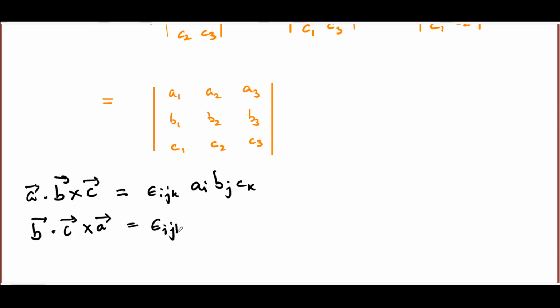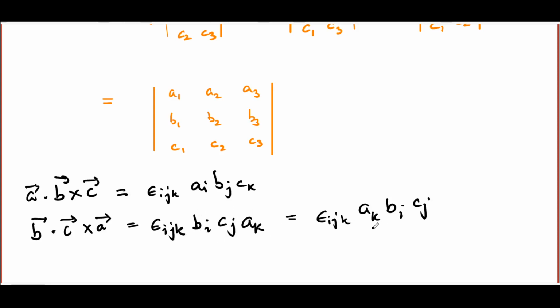So this, of course, will be epsilon_ijk b_i c_j a_k. Now, one thing we can always do is use the fact that these components commute to write this in this fashion: a_k b_i c_j. All I have done is move the a_k to the beginning of this expression.